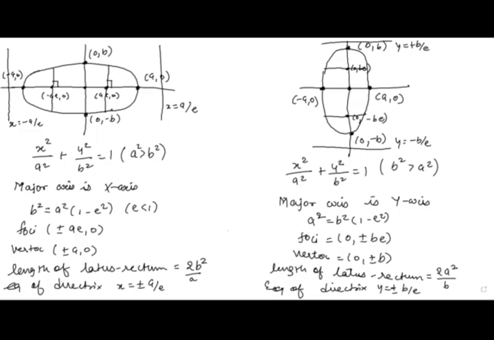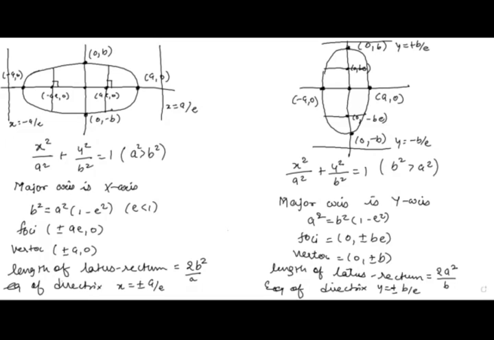See, they will also ask you to find the length of major axis and length of minor axis in both the cases. So we'll rub some portion of this and we'll write the length of. See, here no one will tell you that the given ellipse is having a major axis as x-axis or y-axis. You only have to decide it by carefully seeing the values of a square and b square.